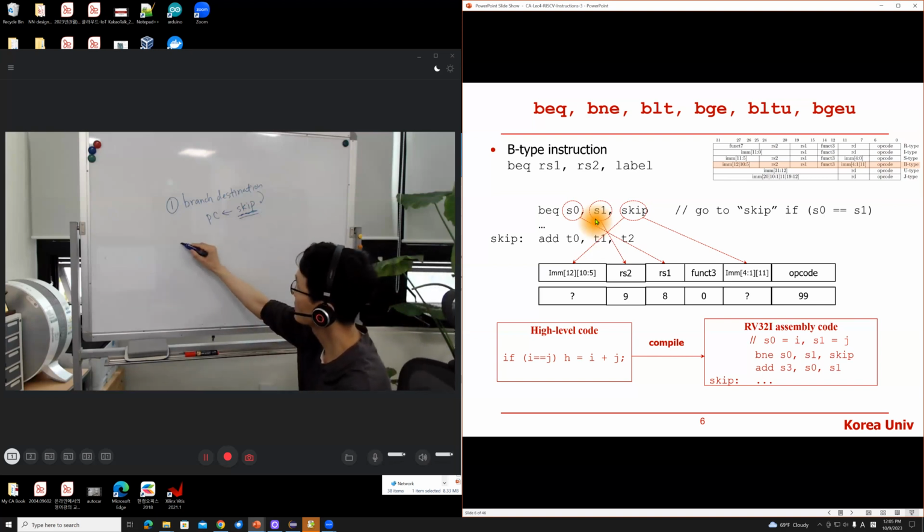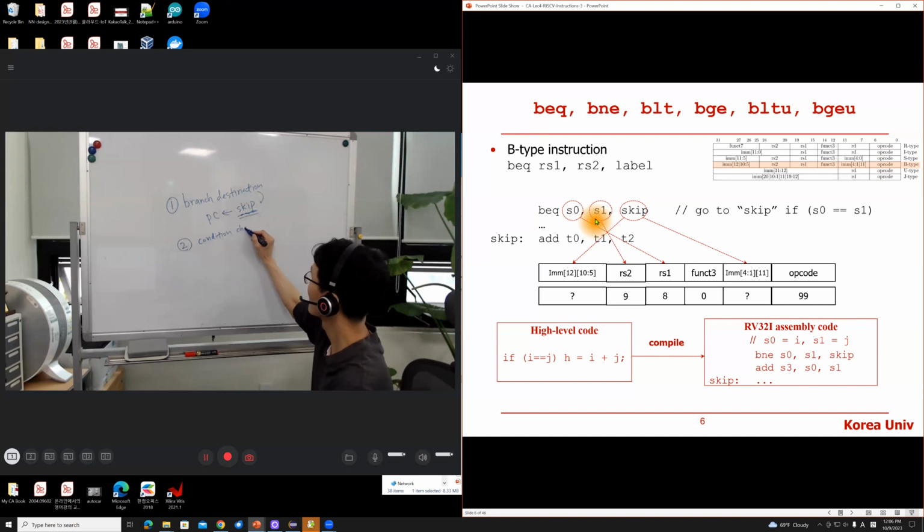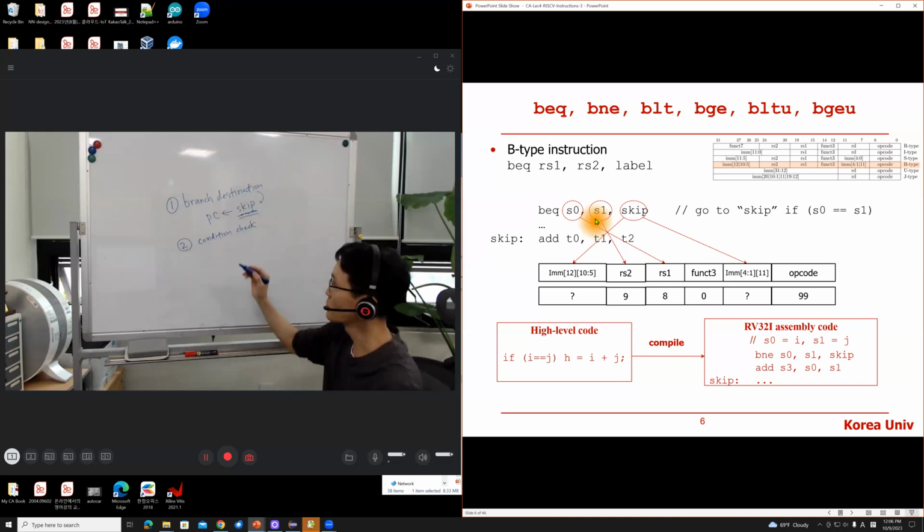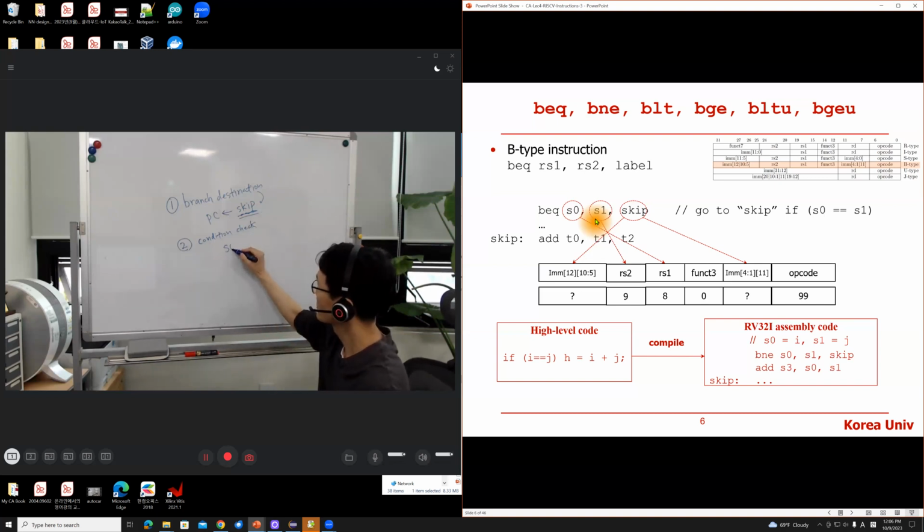And second, condition check. In that example, the CPU should compare the S0 and S1 registers. If these two are equal, then you are supposed to update the program counter.